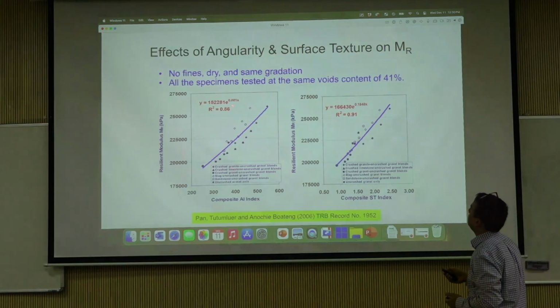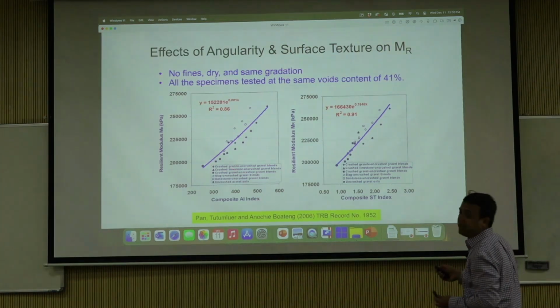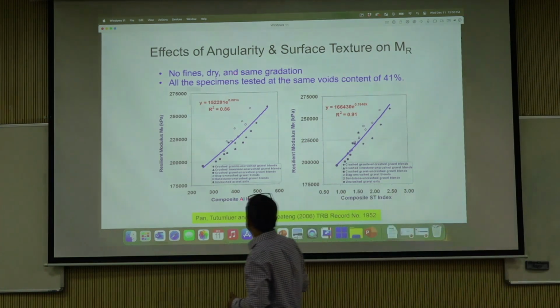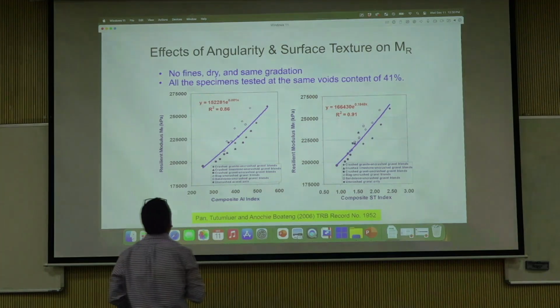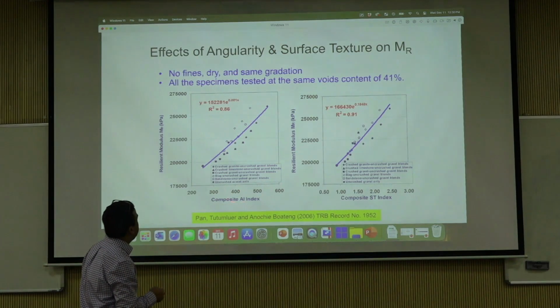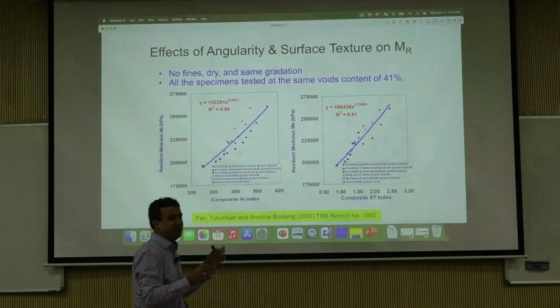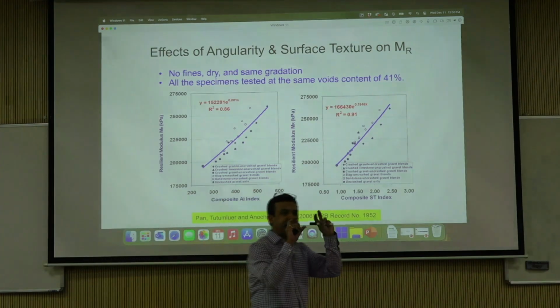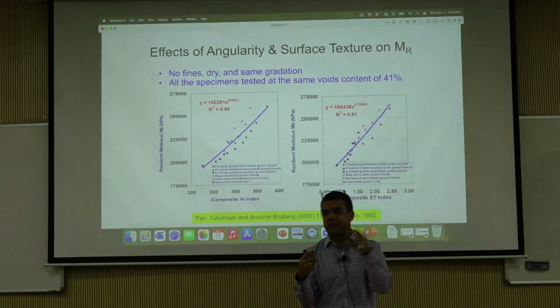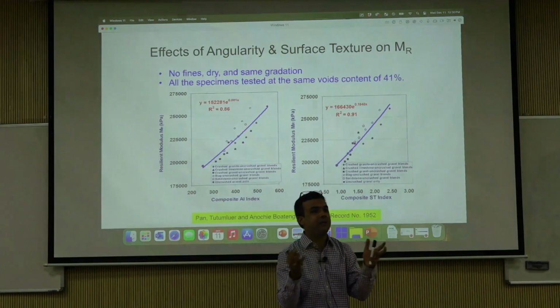This is another angularity study. This is the dissertation I sent you, Tanmay, Tongyan Pan's work. This is angularity and surface texture. We haven't talked about this, but for aggregates, there is a way to quantify angularity by image processing. It's called angularity index.